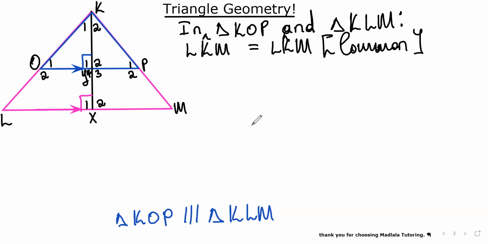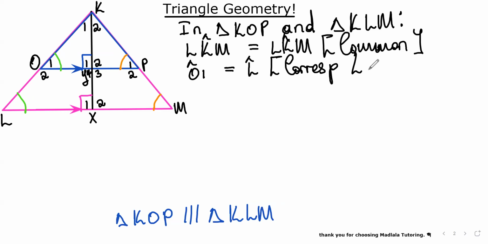So common angle. But since we have parallel lines, we understand that these two angles are equal because they correspond, but they're not the only ones. These two are equal as well because they do correspond. So that's nice, very nice. So we can say angle O1 is actually equal to angle L because they are corresponding angles.